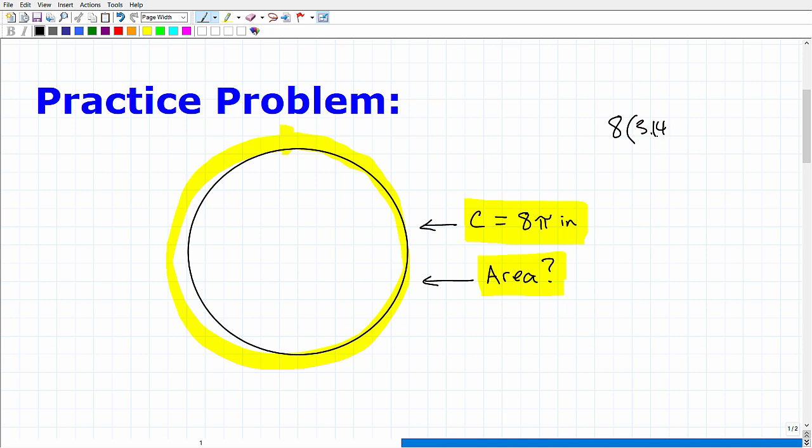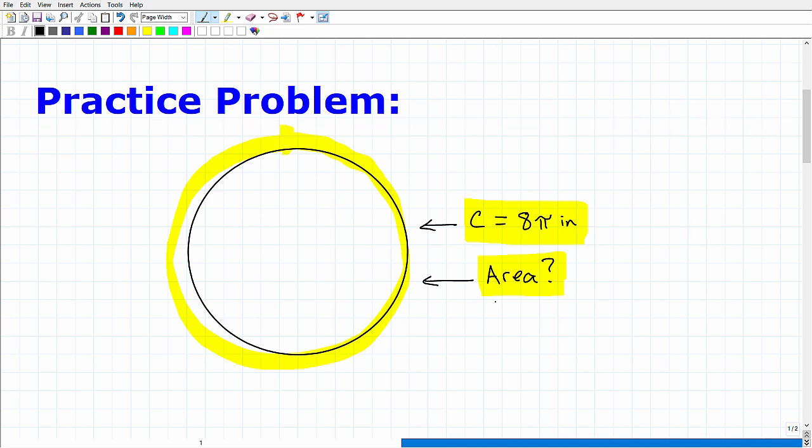It's an approximate value of pi. So this is going to be very roughly a little bit over 24 inches. 8 times 3 is 24, so with 3.14 it's going to be more than 24, but just so you can have an idea, that would be the distance around this circle, that is the circumference.